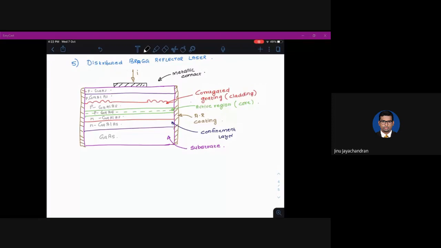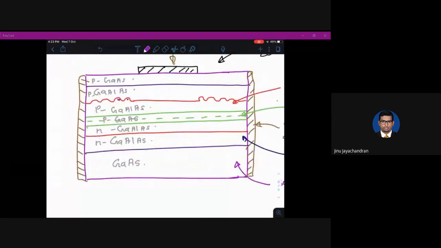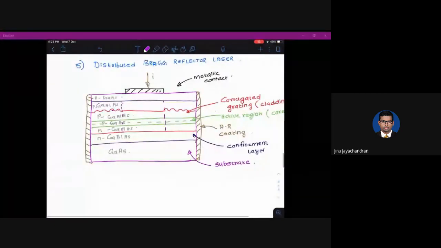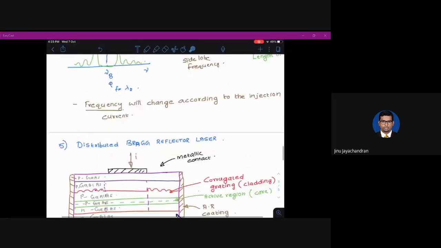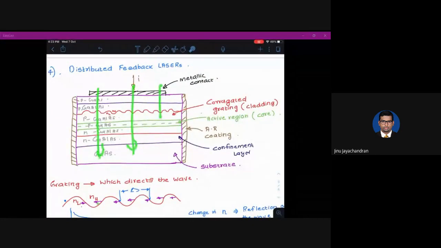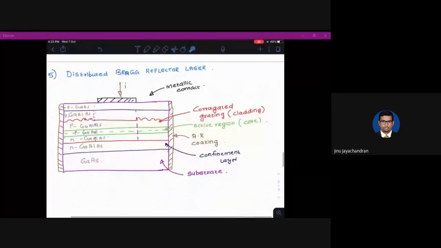So the principle is exactly the same, where you will have the reflection in the grating. The reflection takes place only in this area and also in this area. And the current produced will only move along this line. In the DFB laser, the current produced will move all along this bulk material. But in the distributed Bragg reflector laser, the current produced will move only where the corrugation grating is not there.